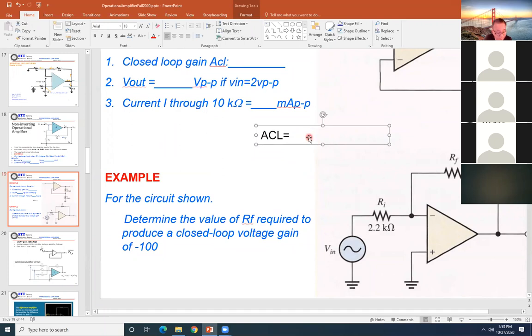Yes. Minus 100. And that will be equal what? That will be inverting, right? Equal minus RF divided by RI.